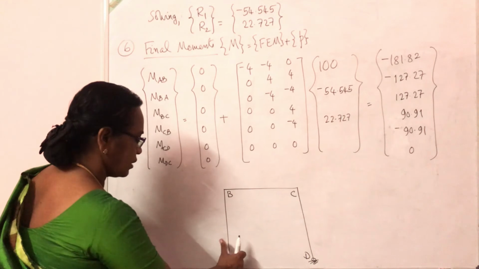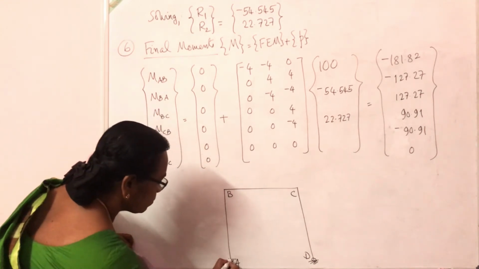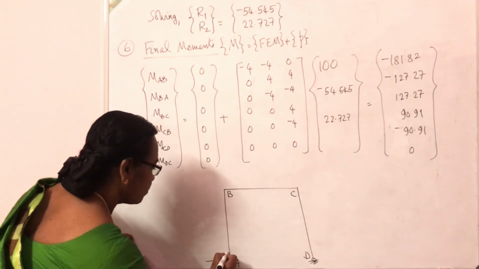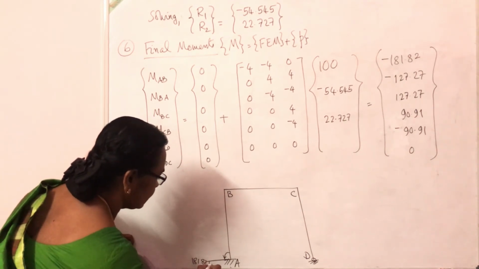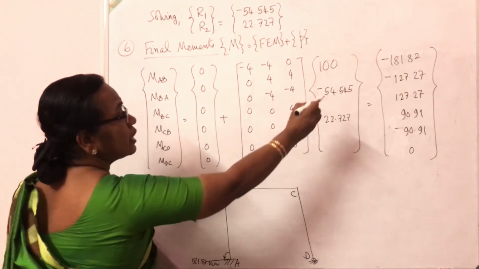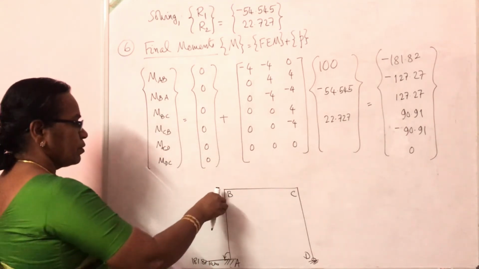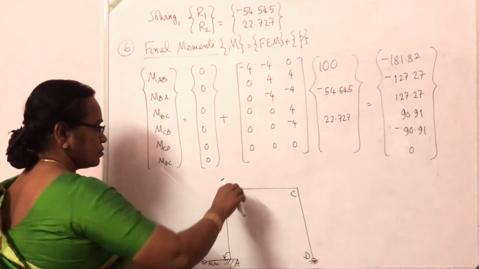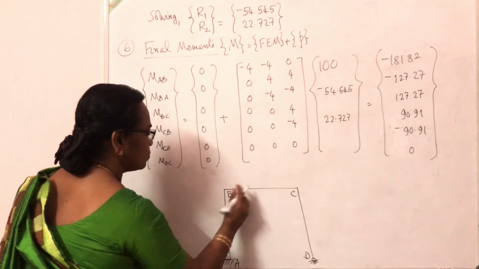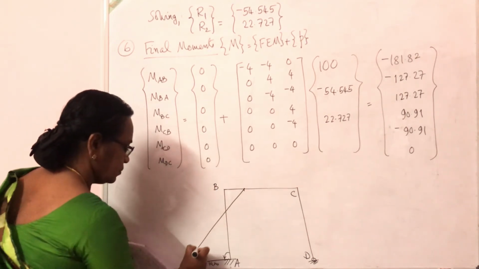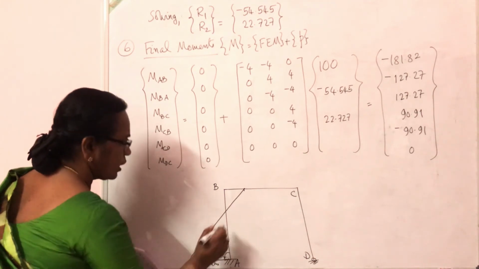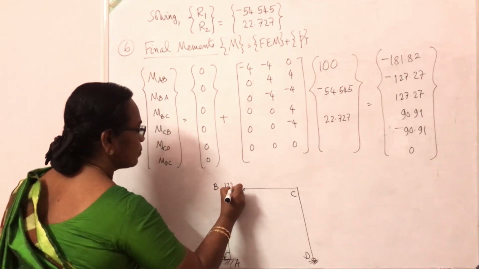So A to B, it is anti-clockwise, 181.82 kilonewton meter. Second value, minus 127. From here, anti-clockwise. So 127 here, you have to mark. This is 181, this is 127.